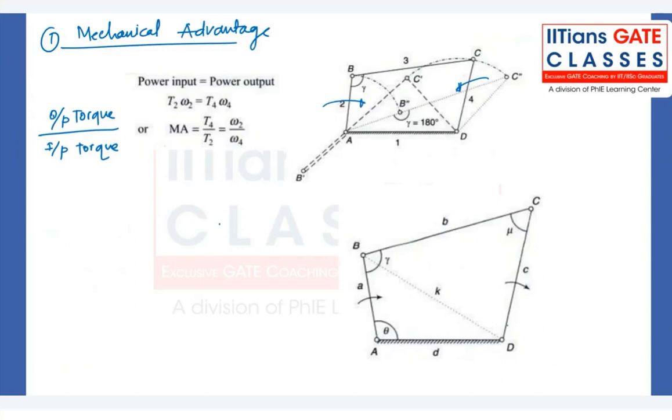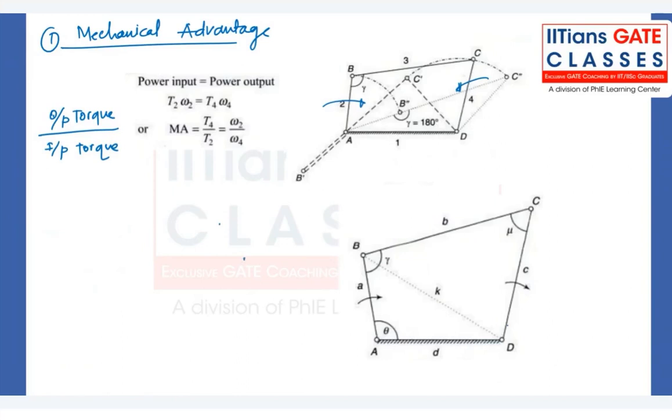Okay, and mechanical advantage will now be T4 by T2, or you can write it as omega 2 by omega 4. Why? Because from this relation we know that torque is inversely proportional to omega.